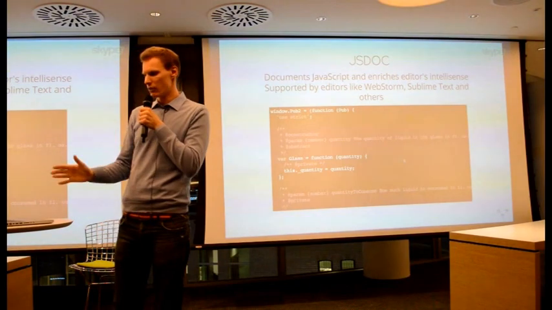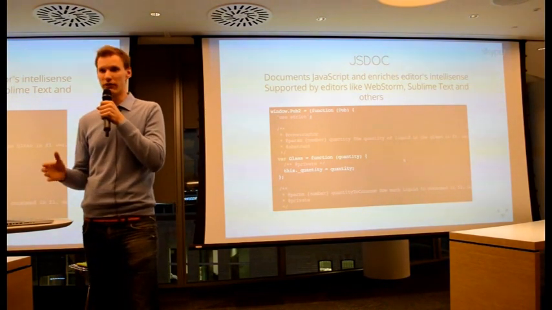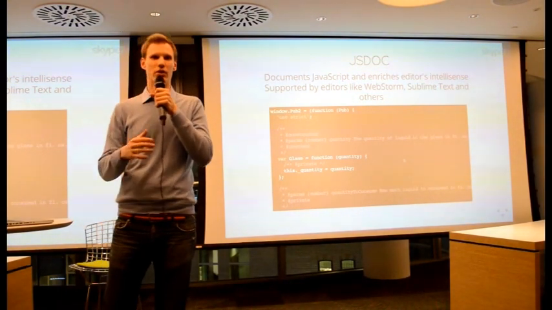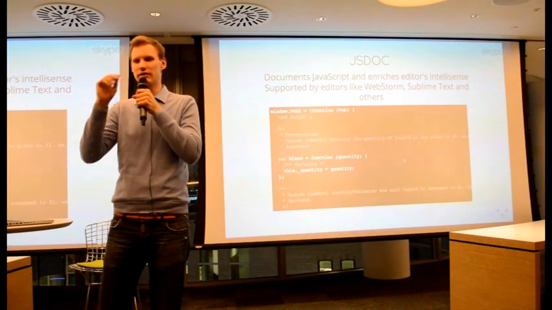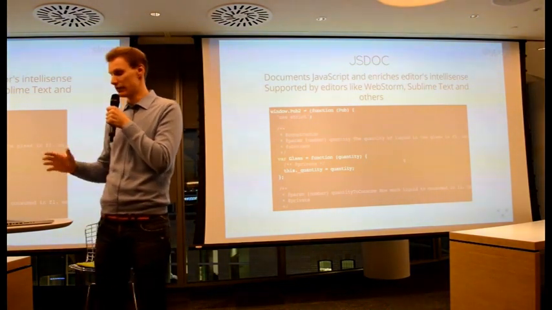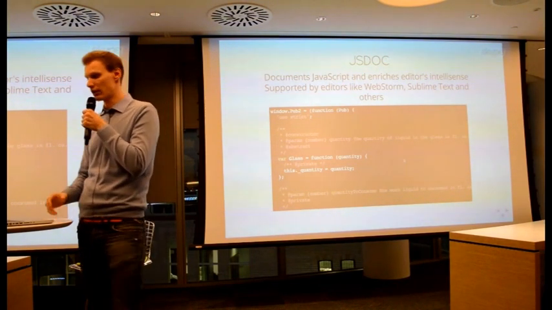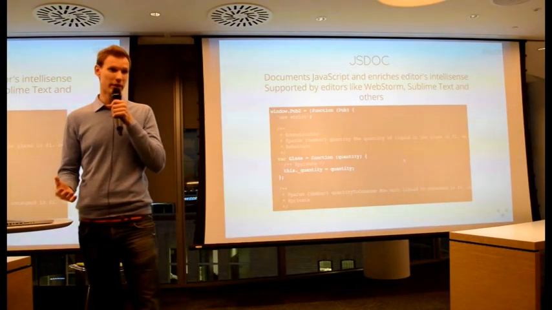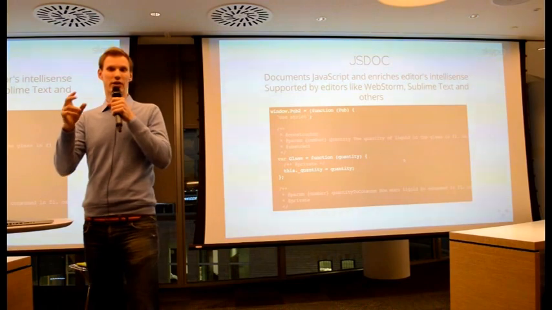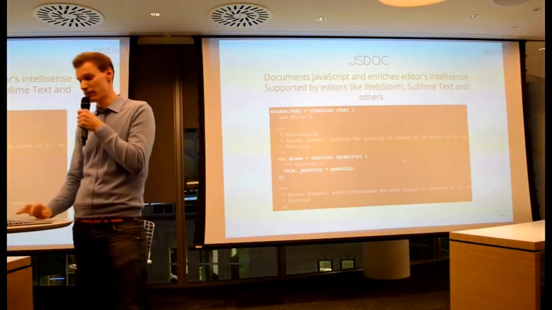Okay, and so obviously in JavaScript you don't have any way to specify strongly typed variables, or to say, okay, this is a constructor, this is abstract, or this is something else. And JSDoc helps with this. It allows us to generate JavaScript documentation, but it also allows us to enrich the intelligence of an editor.